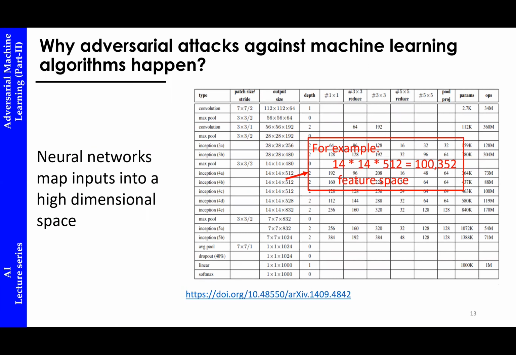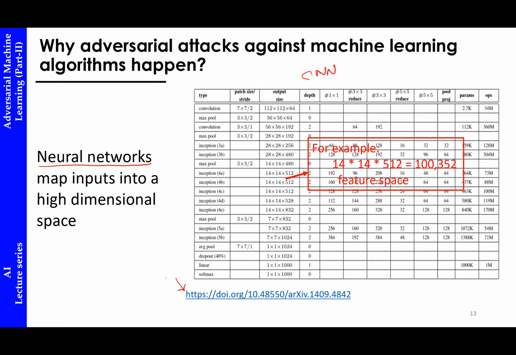One important reason that makes adversarial attacks possible is that neural networks usually map the input data into a high dimensional space. Here in this picture, you see the architecture of the CNN from this reference.